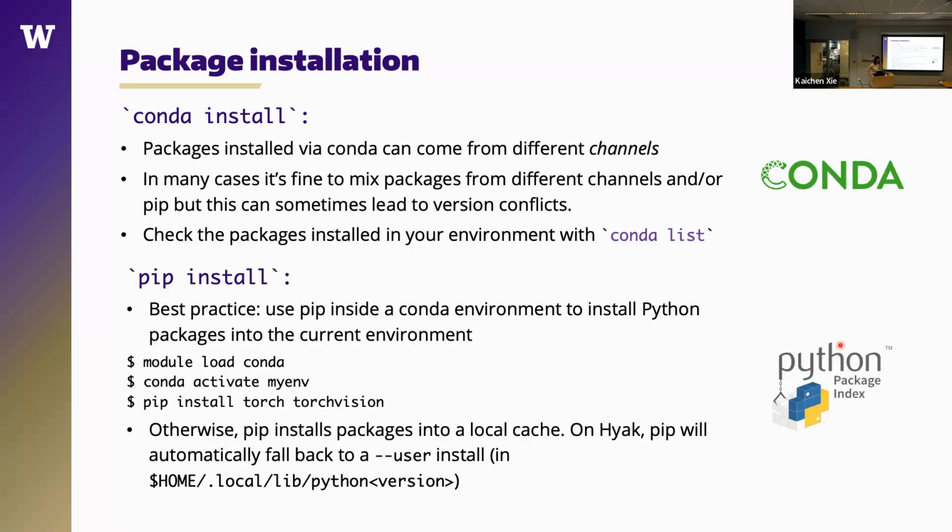Otherwise, pip install will install packages into a local cache, usually somewhere under your home directory. That's also what we want to avoid. So we recommend always using pip install inside a Conda environment.